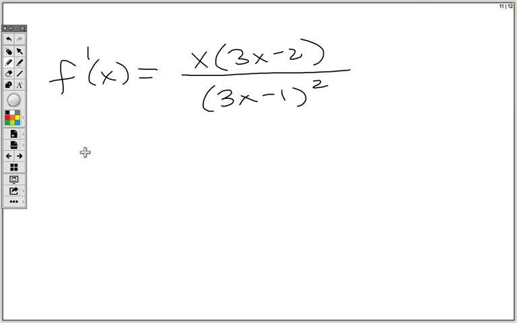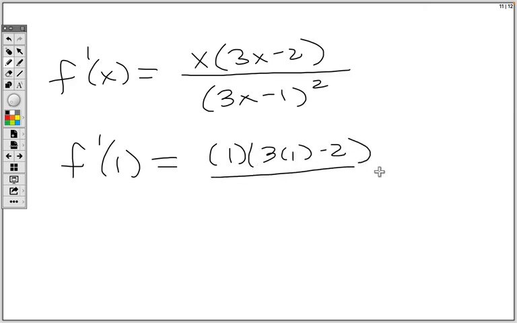And so the slope of the tangent line we want is the derivative at 1. So in the numerator, I'm left with a 1. And in the denominator, I'm left with a 2 squared, which is a 4.